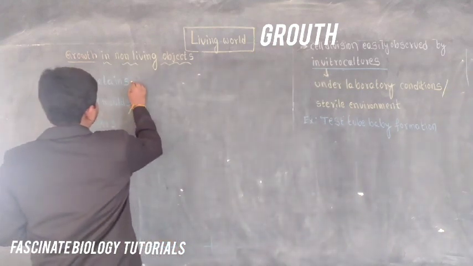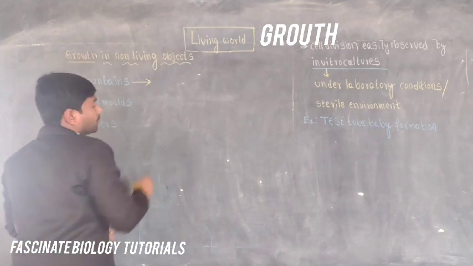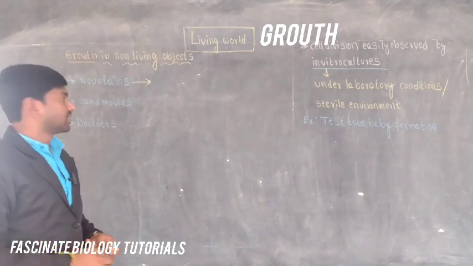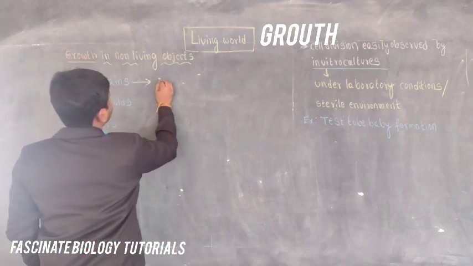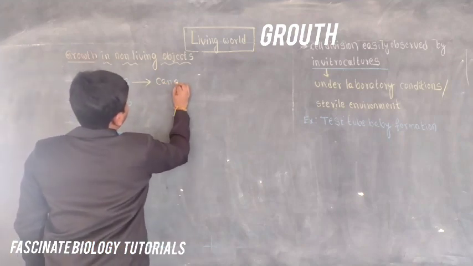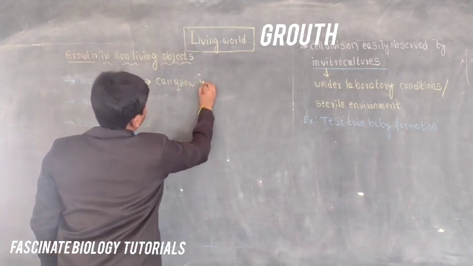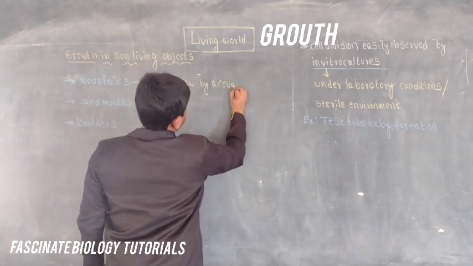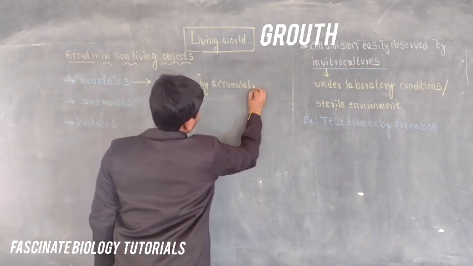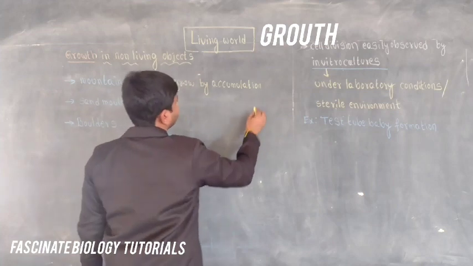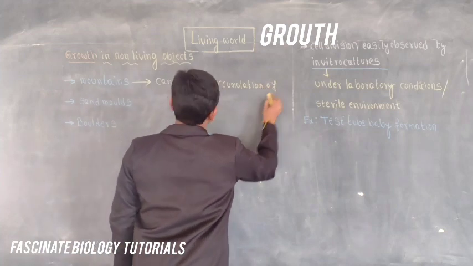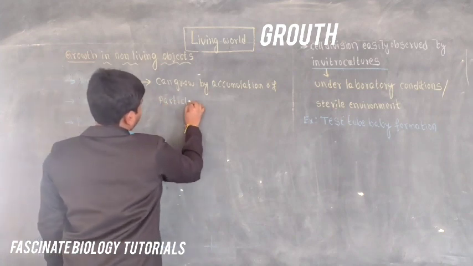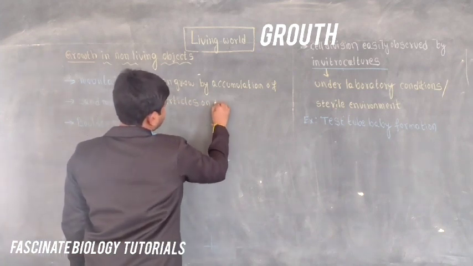Everest is grown by accumulation of particles on its surfaces. Mountains can grow by accumulation of particles on their surfaces.